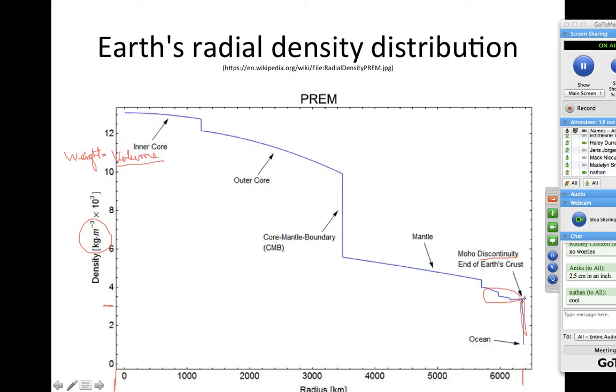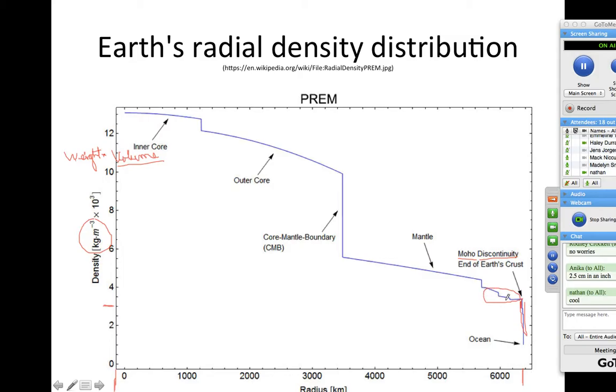Then you have a discontinuity at this point. It's called the Moho layer, and that is because of the name of the guy that discovered it. It was a much more complicated name to pronounce. It was a Croatian name, so we just call it the Moho discontinuity between the lithosphere and the crust.